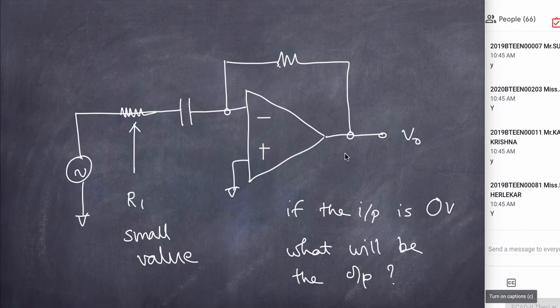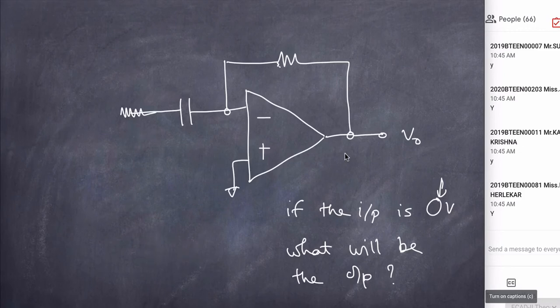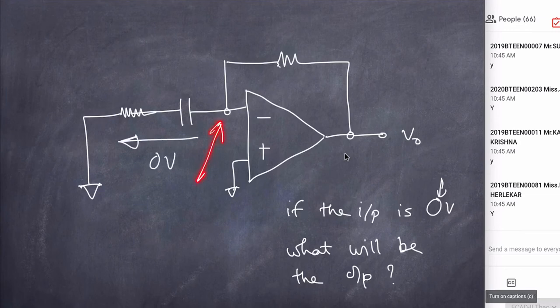If the input is 0, the situation is this. Then the current through this will be 0, because this is 0. This is also 0, so current will be 0. Therefore this current will be 0.